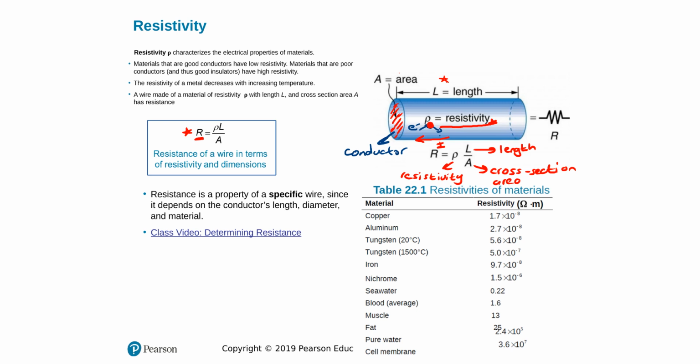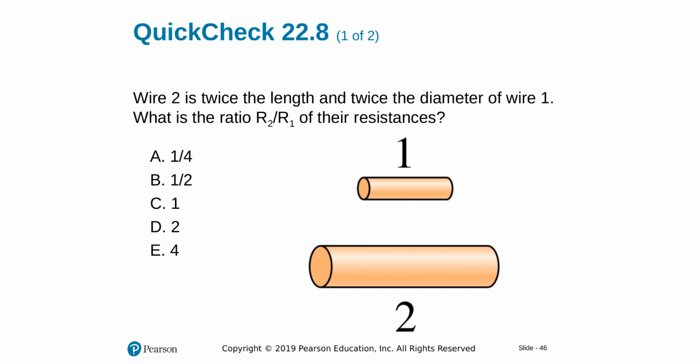So the resistance depends on the geometry of the wire, how long and how thick it is, and also what it is made of. This table here from our book is listing several conductors and how their resistivity changes. As we see, copper has quite low resistivity, which is something we use as a wire in our power systems.